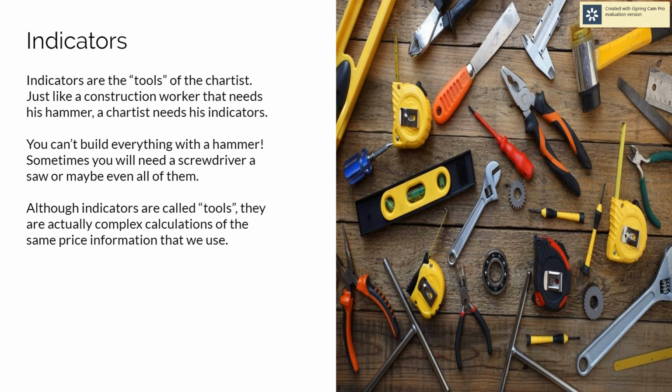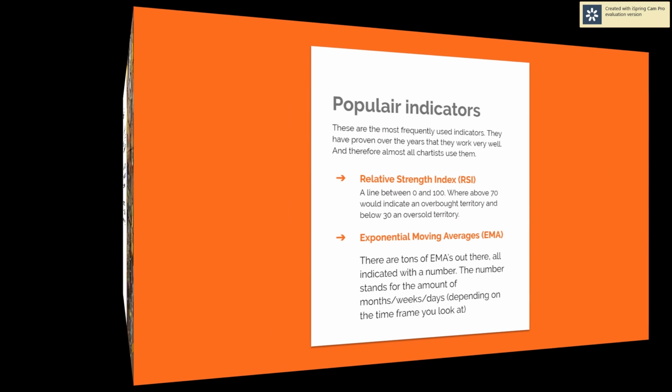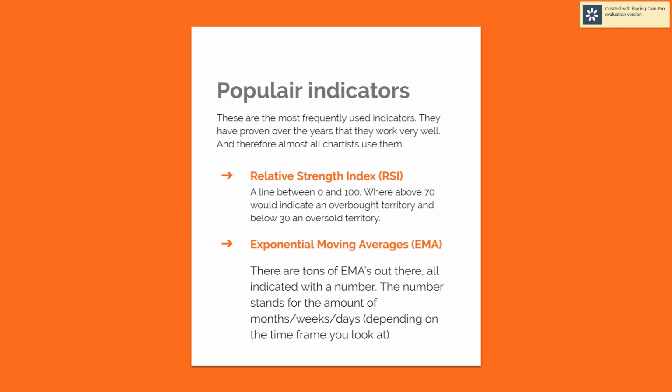You have to know which indicator to use for what situation. And although indicators are called tools, they are actually complex calculations on the same price information that we use. On the next page, I'm going to jump into two of the most popular indicators these days.